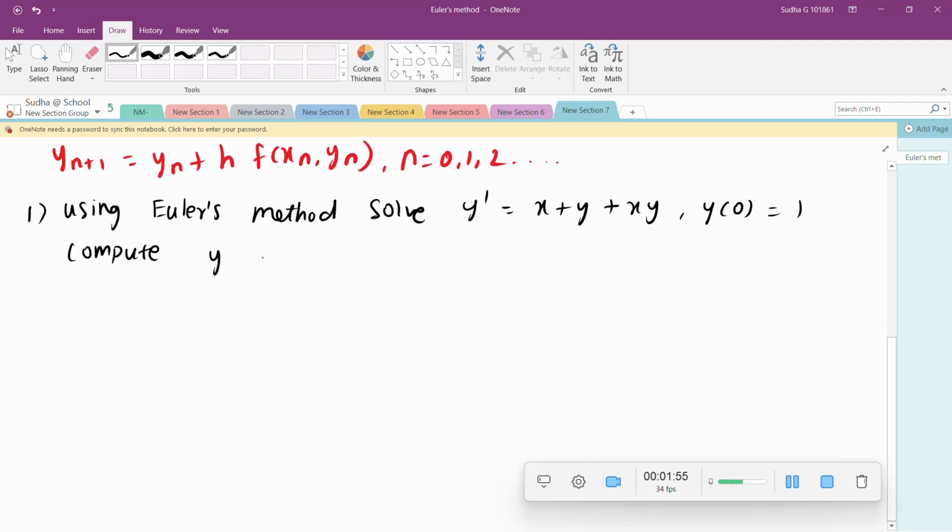Compute y at x equal to 0.1 by taking h equal to 0.05.